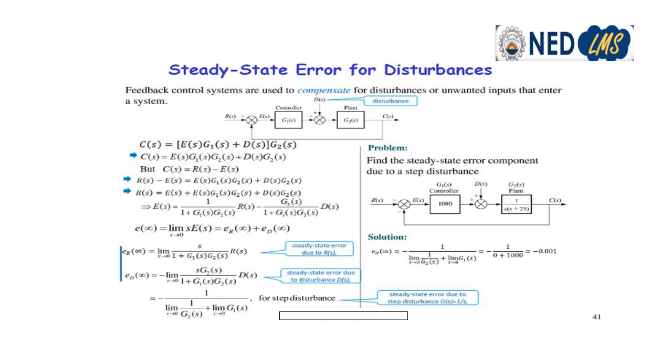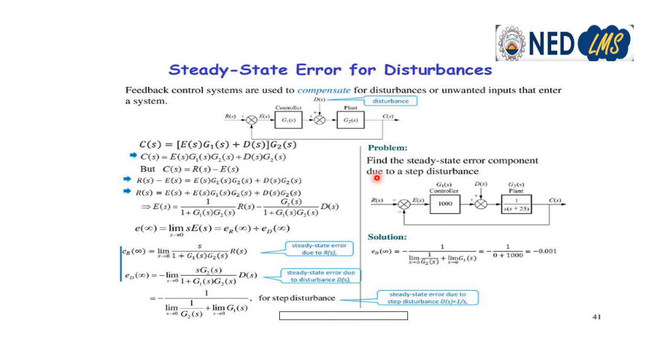If we apply both inputs as a combination, 5t u(t) plus 5t square u(t), then the error will be superimposed in the same manner: 5 times because of the step response, and 5 plus 5 times due to the ramp function, with t square u(t) being a parabolic function. So here also we add the two steady state error values, due to the reference input and due to the disturbance input.